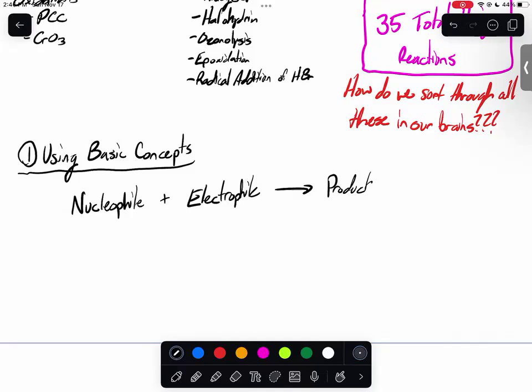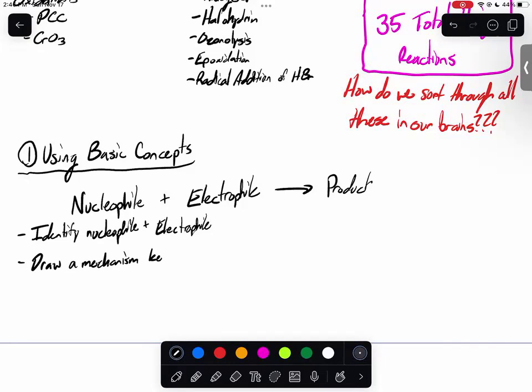Because in order to just use these basic concepts, all you have to do is be able to identify a nucleophile and an electrophile. Right? If you can do that, then you can go forward and draw a mechanism, and essentially you can keep drawing until you reach something stable, right?